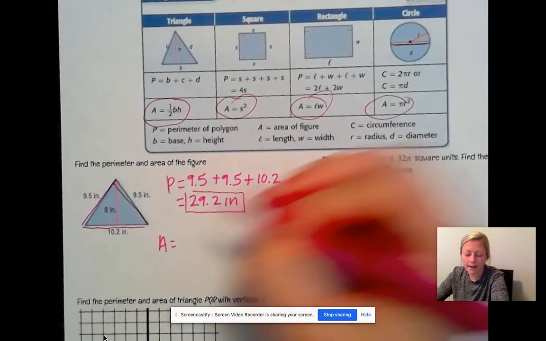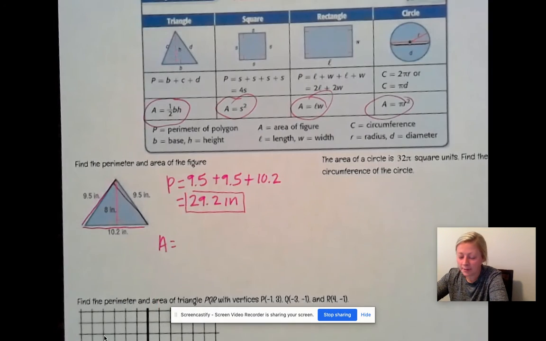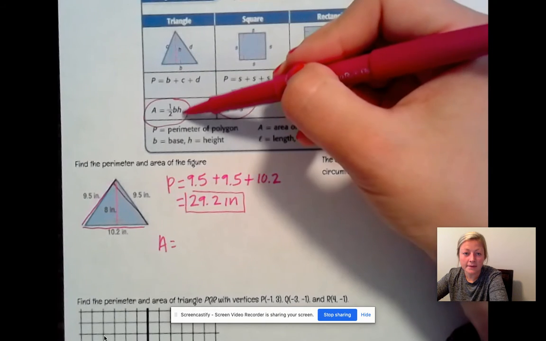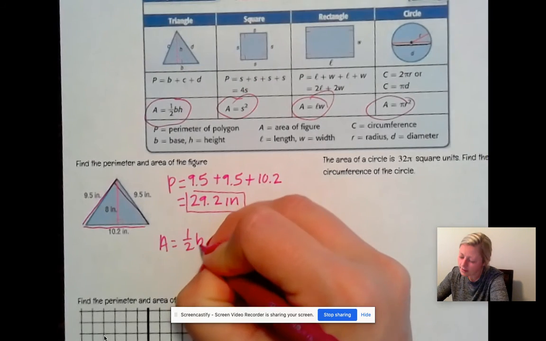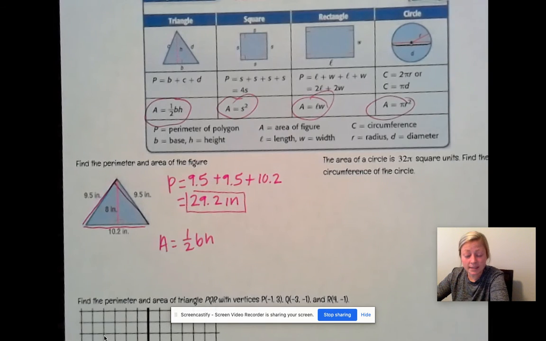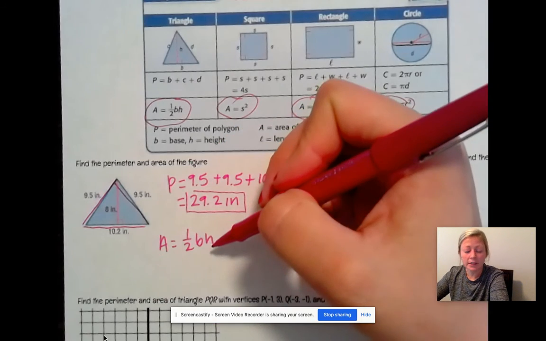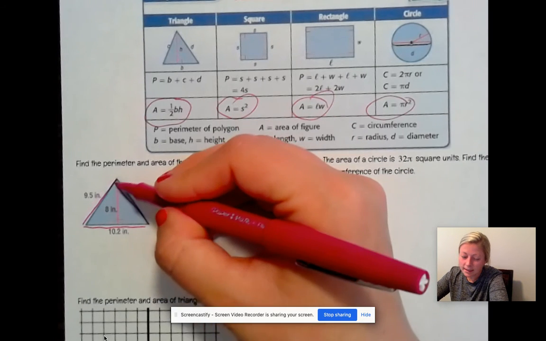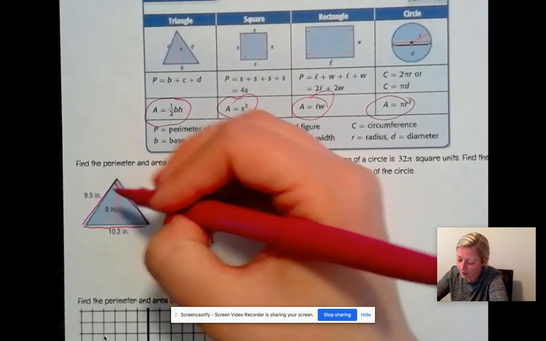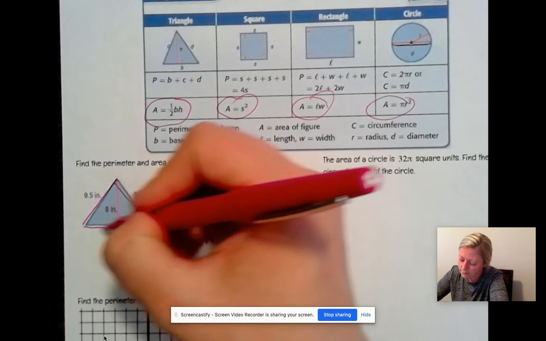Now we can find the area. If I look at my chart, area of a triangle is half its base times its height. So half base times height. If you don't know how to find your base and height, it's very simple. Your base and height are always perpendicular. So you look for our little box, and that would tell us that our height is 8, and our base would be 10.2.